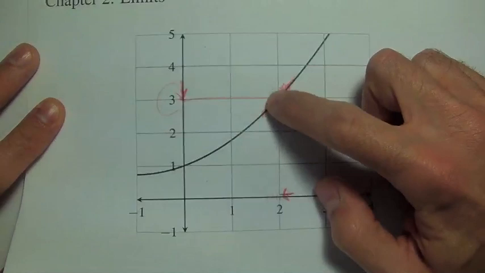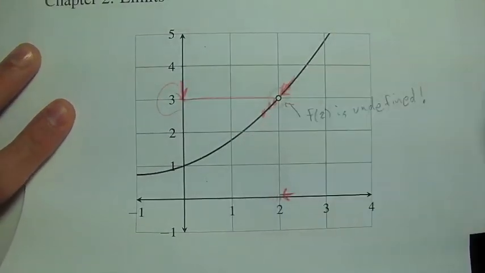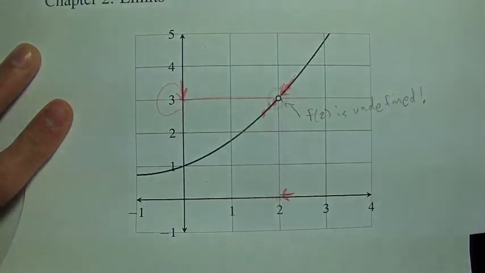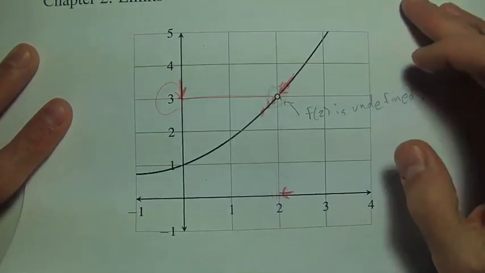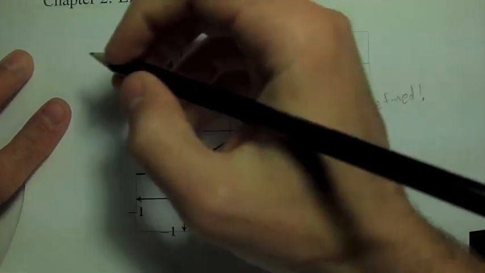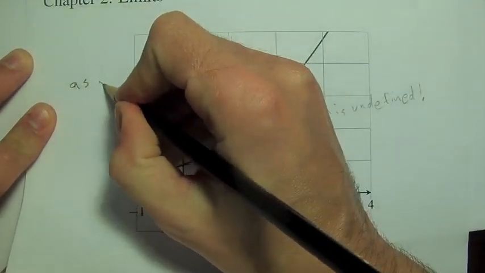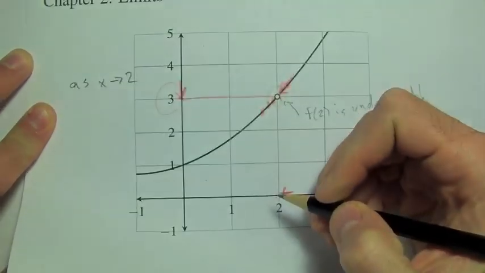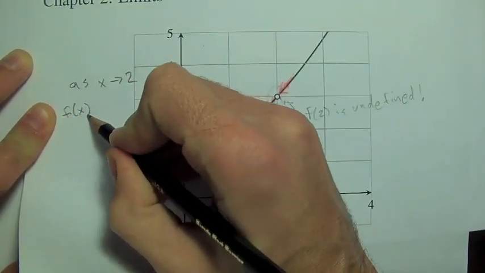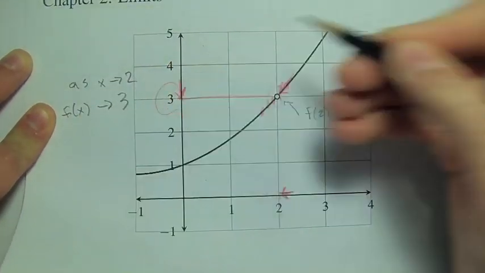We still have behavior. The function gets closer and closer to this value here, 3, on the left and the right. Okay, so here we have graphically that as x gets arbitrarily close to 2, f of x gets arbitrarily close to 3.